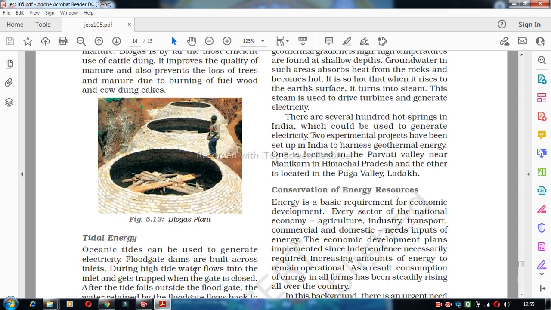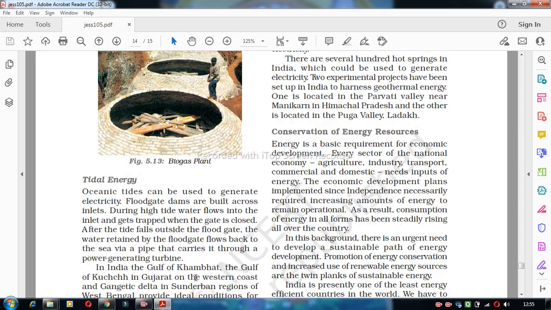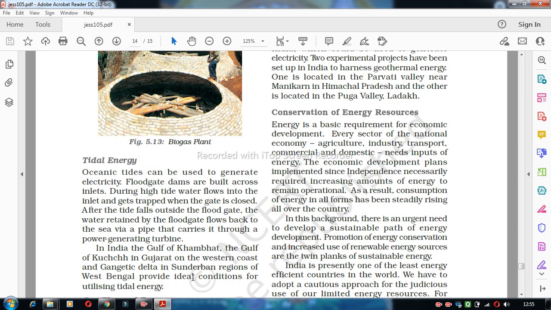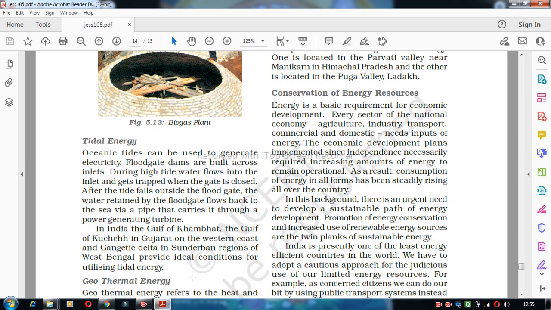Next, the last topic is the conservation of energy resources. In that, I already talked and discussed the 3 R's, right? The 3 R's: reduce, reuse and recycle.